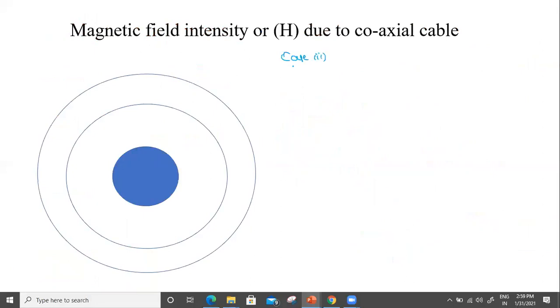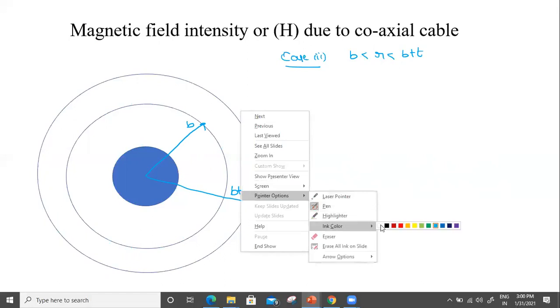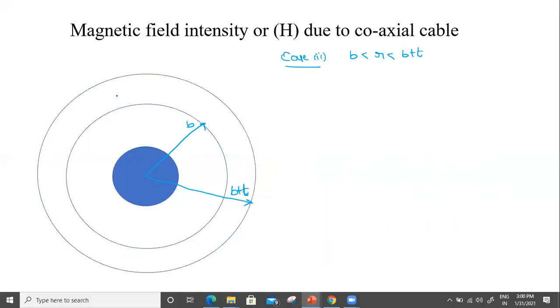In this case 3, B less than R less than B plus T. That means this is the radius B. We know that this is the radius by adding B plus T. So the R value lies between these two. Let me write that. So the R value lies here.